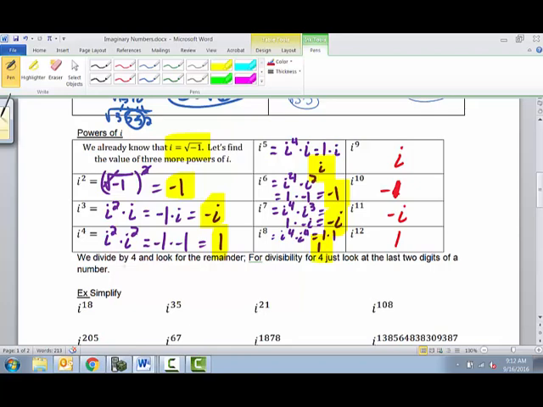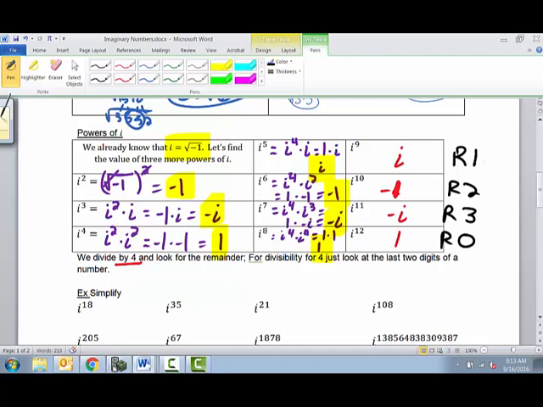So we divide by 4 and look for the remainder. And the remainder will tell us what we want. So if I divide 9 by 4, it goes in twice evenly, but with 1 remainder. So we got a remainder of 1 here. 10 divided by 4 is 2 with a remainder of 2. 11 has a remainder of 3, and 12 has no remainder.